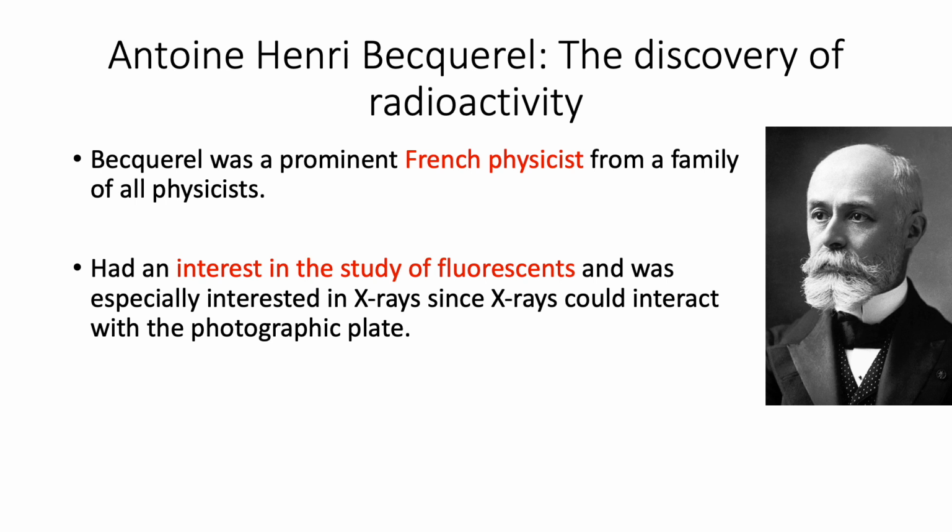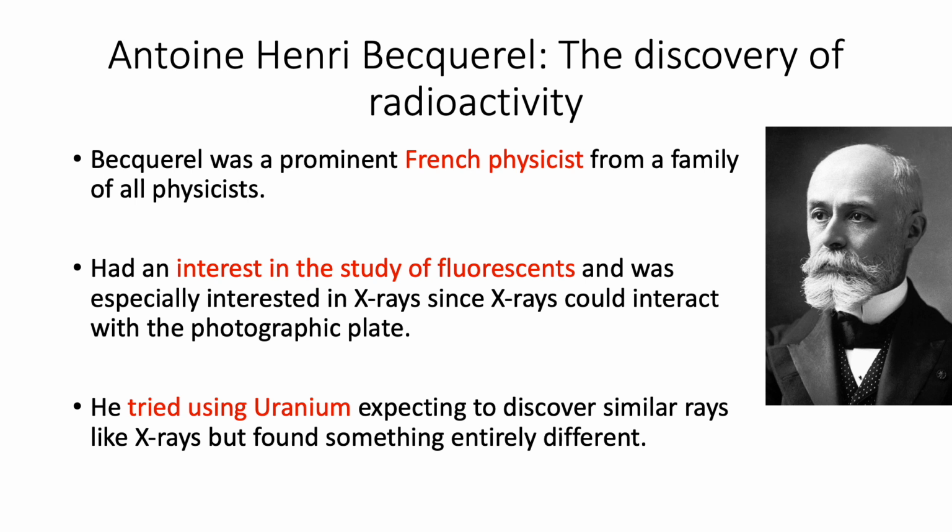And he had an interest in the study of fluorescence, which is the ability of certain objects to give off light, and was especially interested in X-rays, since X-rays could interact with the photographic plate. He tried using uranium, expecting to discover similar rays like X-rays, but found something entirely different and shocking.